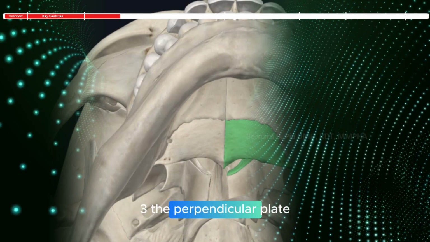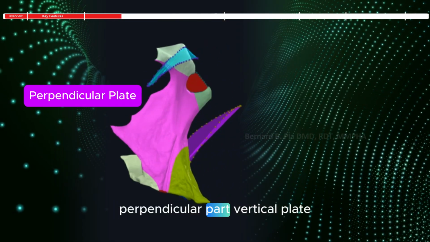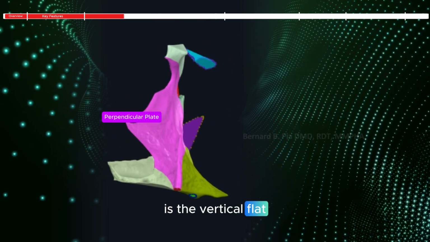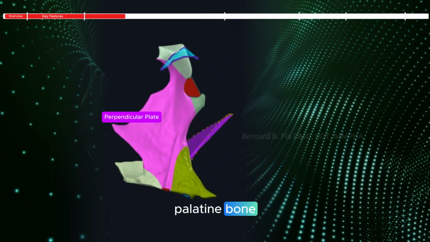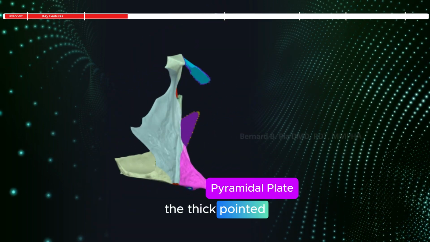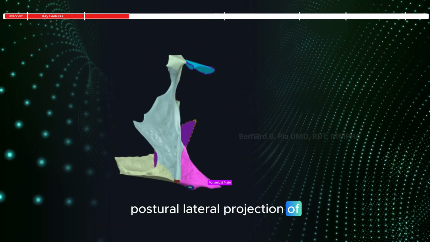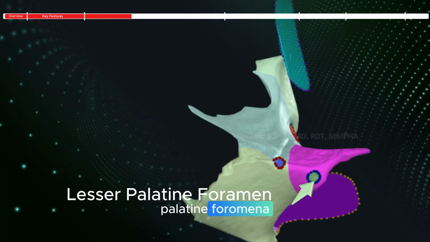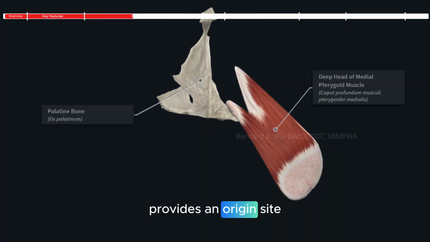The perpendicular plate, perpendicular part, vertical plate, or vertical part, is the vertical, flat, bony plate of the palatine bone. 4. The pyramidal process is the thick, pointed posterolateral projection of the palatine bone. Consists of the lesser palatine foramina. Provides an origin site for the medial pterygoid muscle.